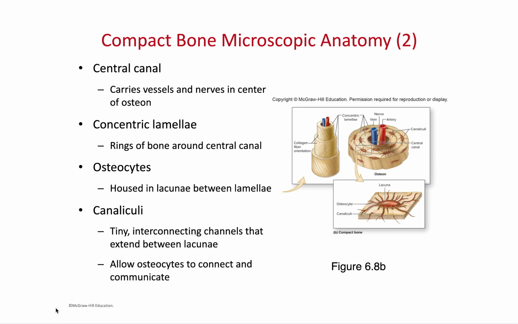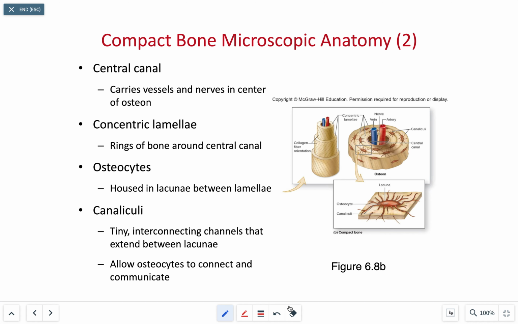So this is a little bit more of a blown up version. It's showing the concentric rings, and the concentric rings are called the lamellae. These lamellae contain each one of these osteocytes, and a blown up version shows the canaliculi.